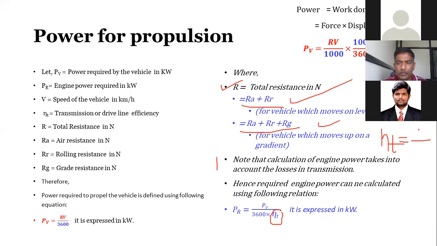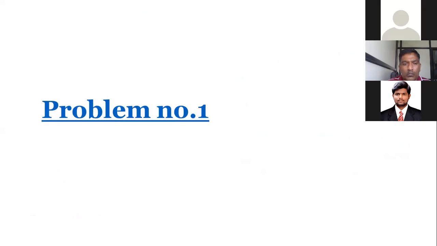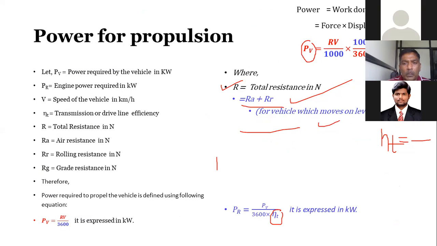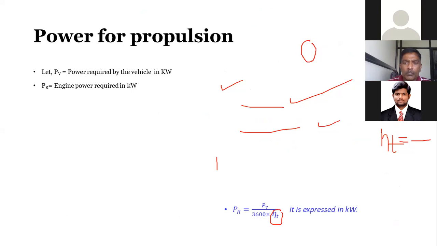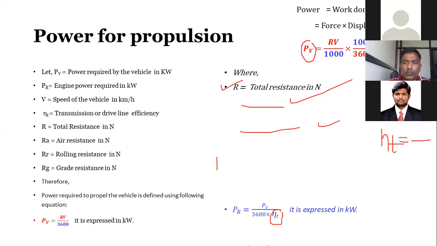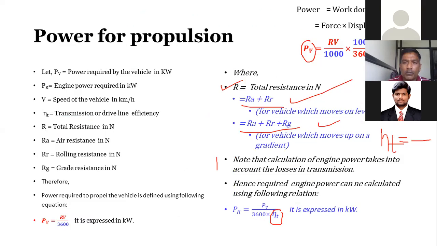So already we have seen yesterday, transmission efficiency is output divided by the input.